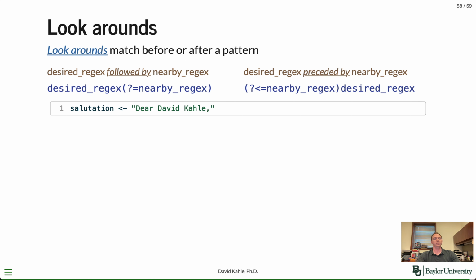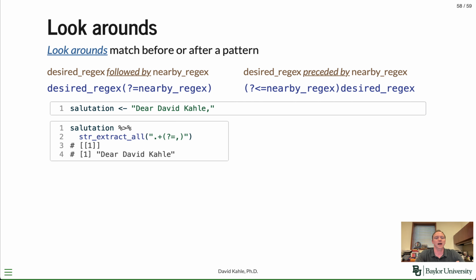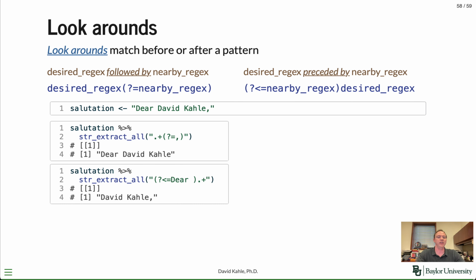Here's the salutation, Dear David Kale. If I wanted to match anything that precedes the comma, I could say match any character followed by a comma, okay? Notice that when it actually does the extraction, that comma does not come along for the ride. It's just Dear David Kale, okay? If I want to do it the other way around, everything that follows dear, space, it would be question mark, less than, equal, D-E-A-R space, okay?